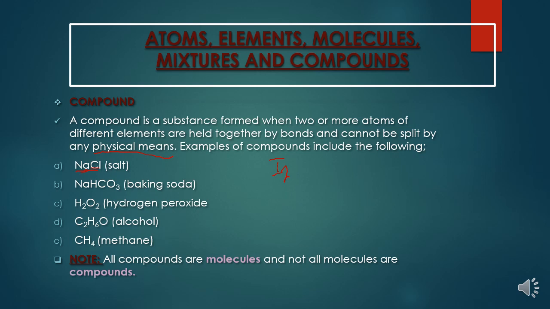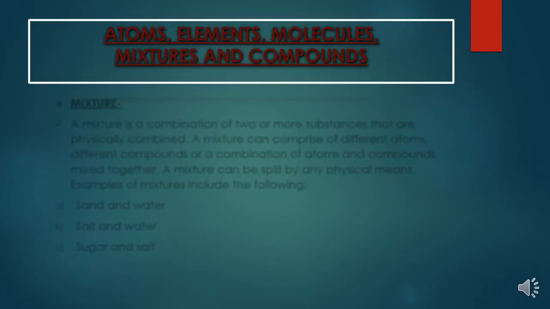A compound constitutes only different atoms bonded together, whereas a molecule contains either atoms of the same elements or atoms of different elements. So no wonder we make this statement to say all compounds are molecules and not all molecules are compounds.